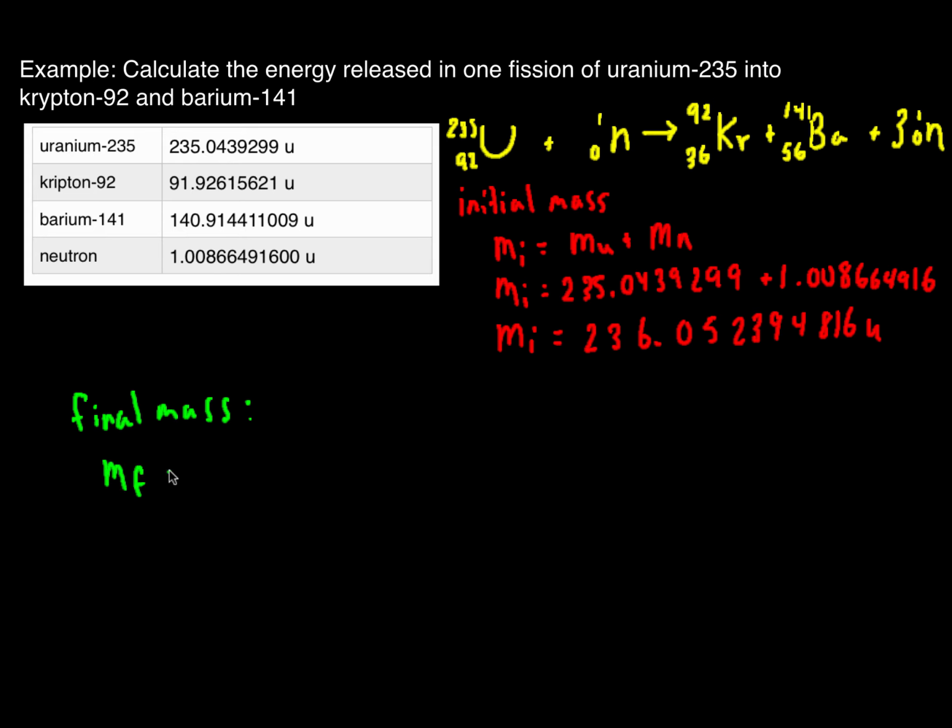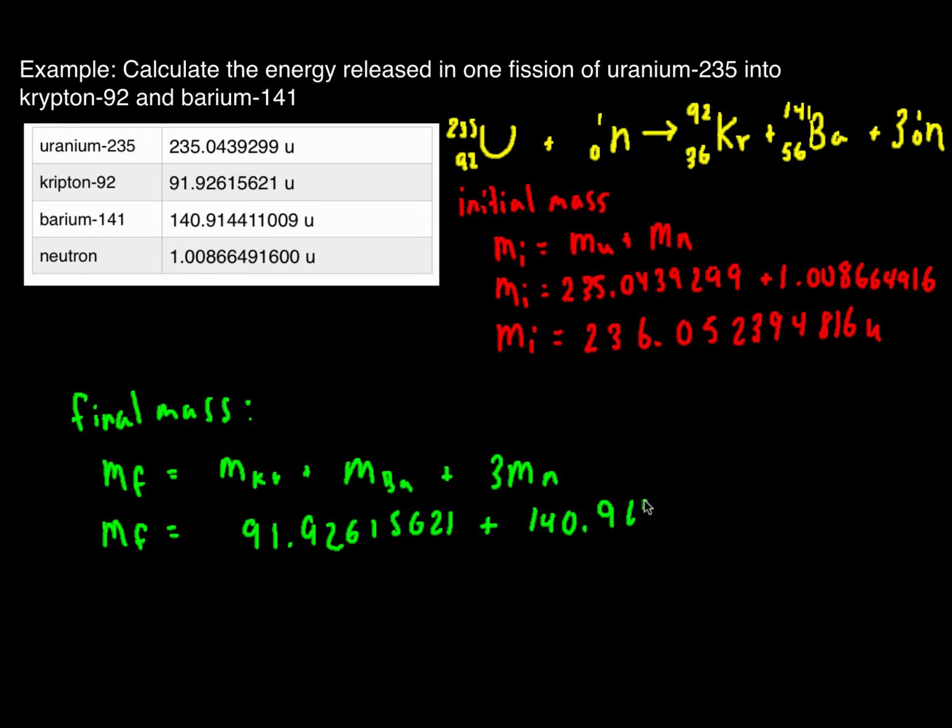We can also calculate the final mass. The final mass will be the mass of krypton plus the mass of barium plus 3 times the mass of a neutron. So the final mass is equal to 91.92615621, the mass of krypton, plus the mass of barium, which is 140.91441109, plus 3 times the mass of a neutron, which is 1.008664916.